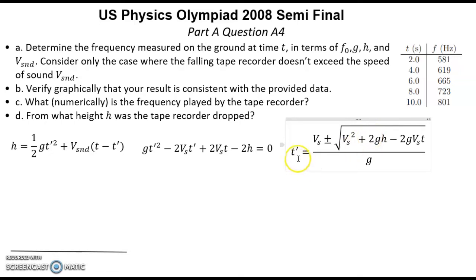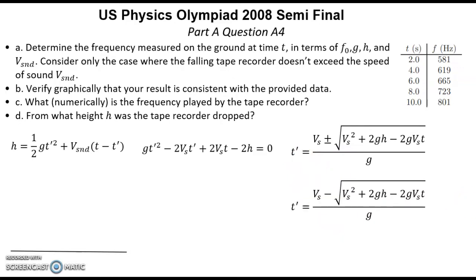In that case t prime will be small, which is consistent, because it must be small. But if we put positive here, that will be 2 v sound over g, which is quite big. So it cannot be right. So the correct root will be with the negative sign.